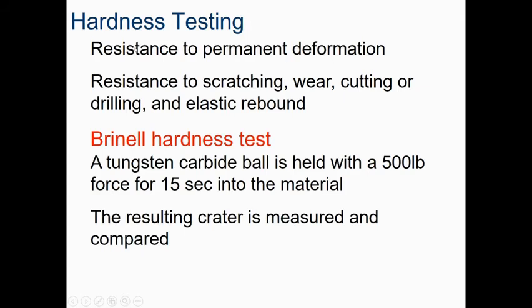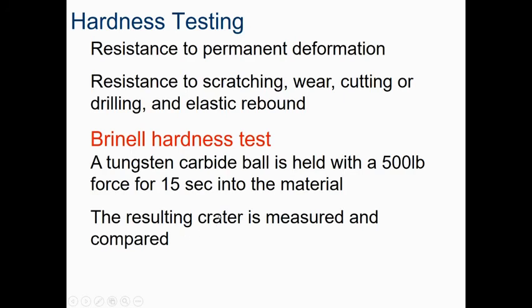One more is a hardness test. Notice this is like testing the hardness of a material. What they're doing is pressing a ball at 500 pounds into a material, and then they're measuring how big the indention is on that material.